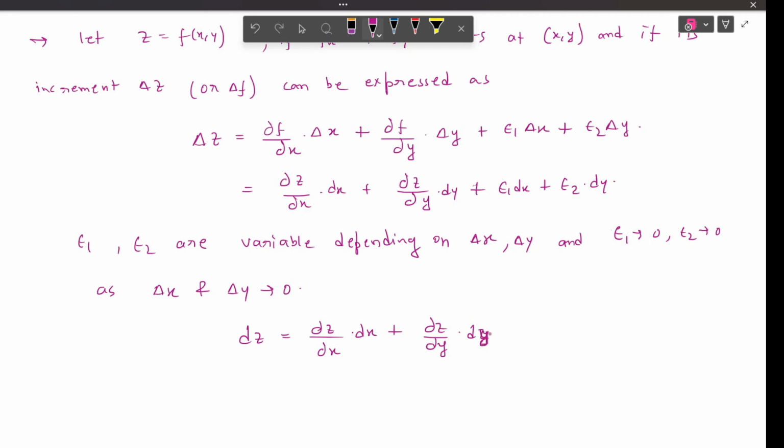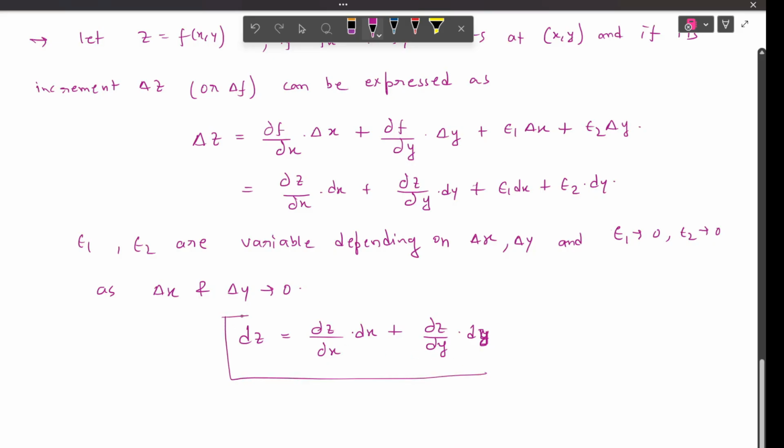This expression, or if you write df, it should be del f by del x dx plus del f by del y into dy.